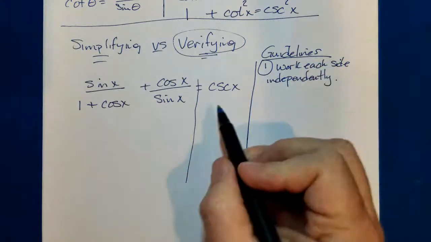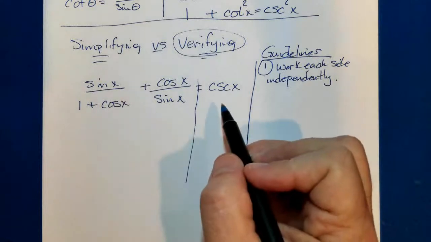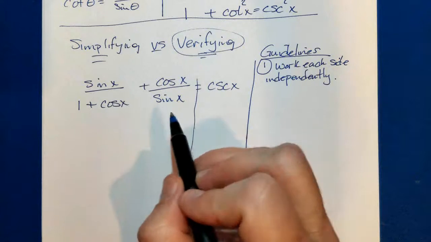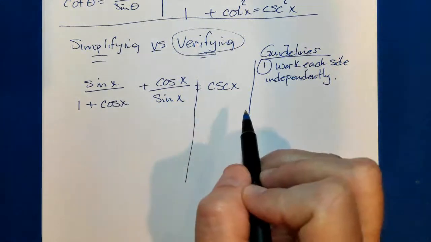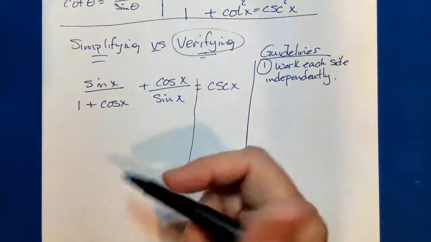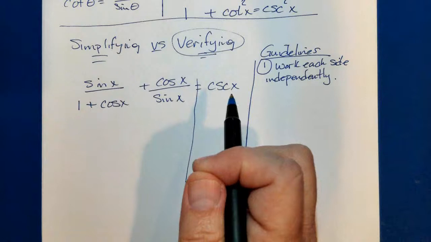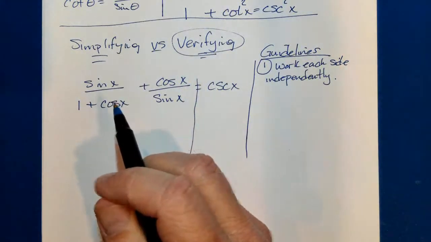In other words, you can't move something from one side of the equation to the other. They're simply giving you what the answer is supposed to be. So I can't subtract cosine x over sine x from both sides. We're not solving an equation. We're verifying that this expression simplifies to this, or this expression simplifies to the left side.